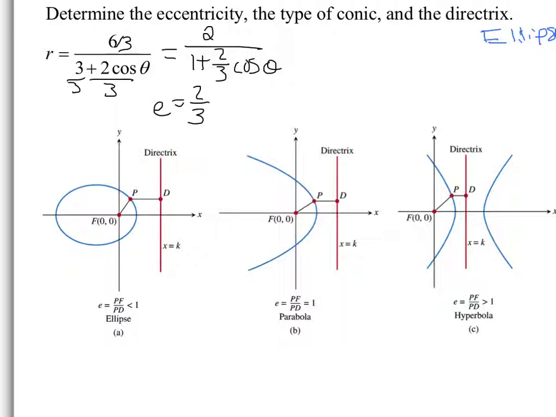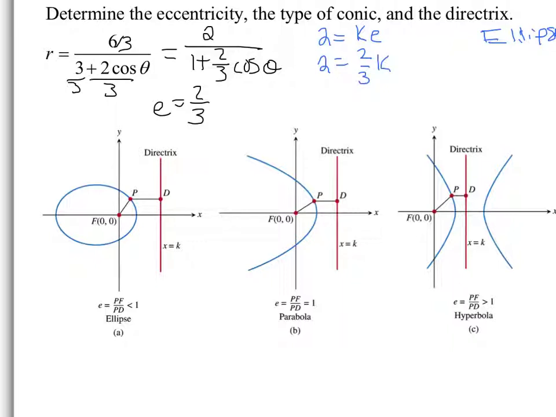So now we need to find the directrix. So we need k. Well, we know 2 is equal to k times e. Well, we know e is 2/3.